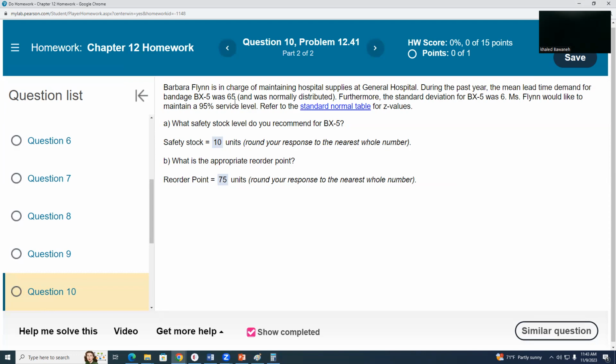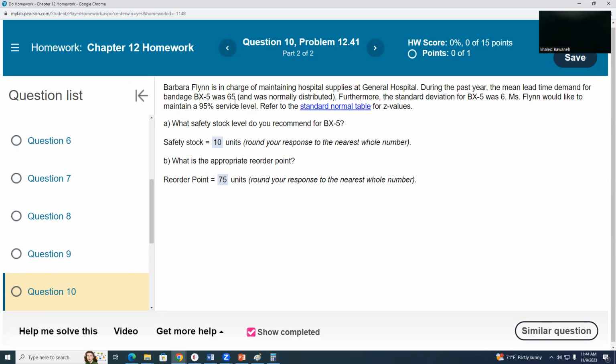It's very easy. So you know what's the 65? Usually they tell you the daily demand is 10 and the lead time is 7, so the demand during lead time is 10 times 7. But here they gave you the demand during lead time directly: 65.